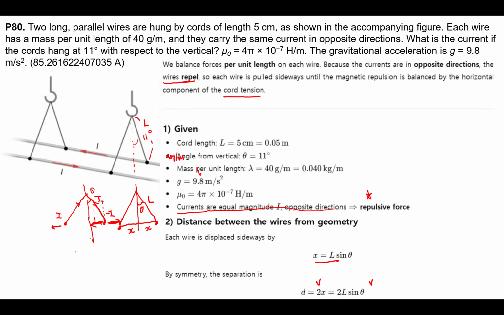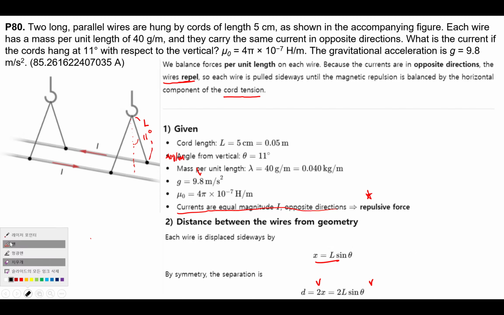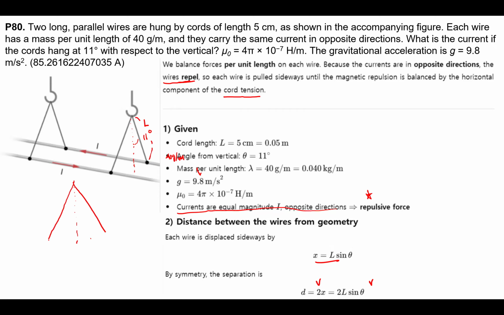Let's write once again. This is the vertical reference line, and these are the two wires.